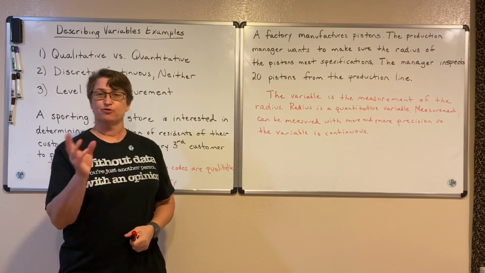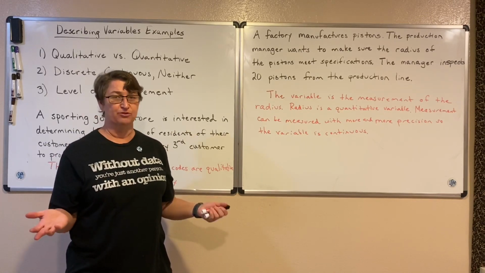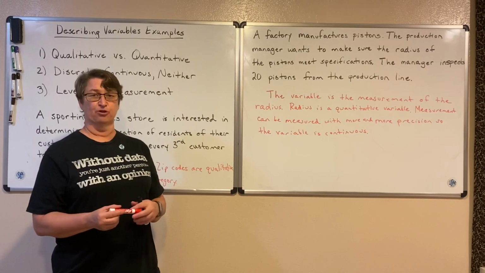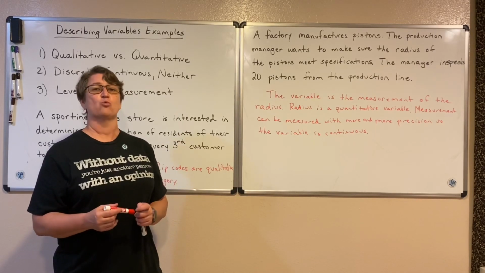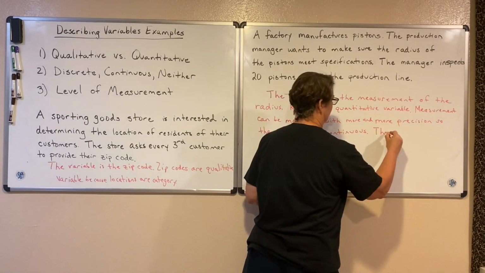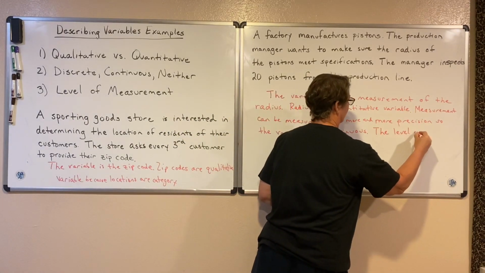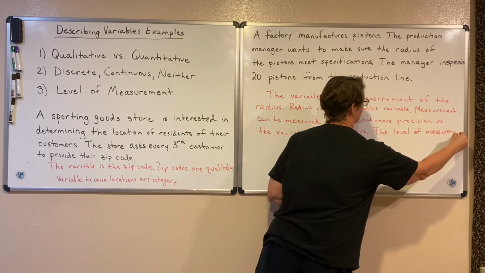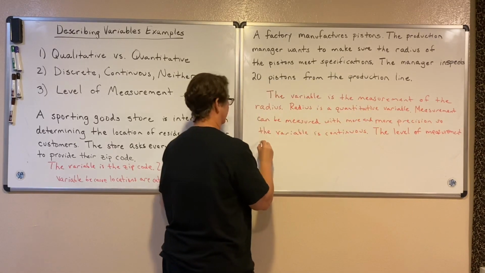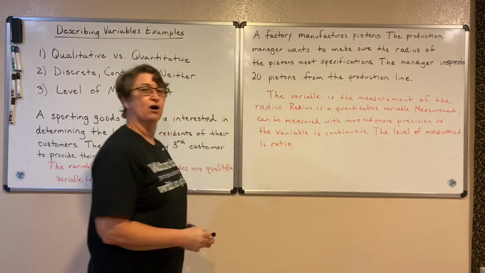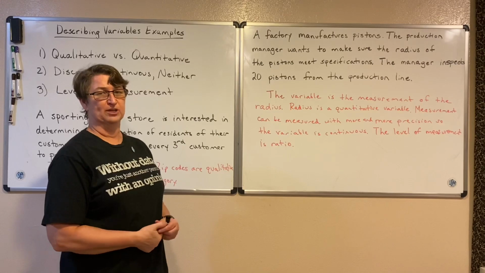And sure enough, if the radius is 0, that means there's no piston there. There's an absence of a piston. So since there is a true 0, this is a ratio level of measurement. The level of measurement is ratio. And I can perform all math that I want to be able to perform on that level of measurement.